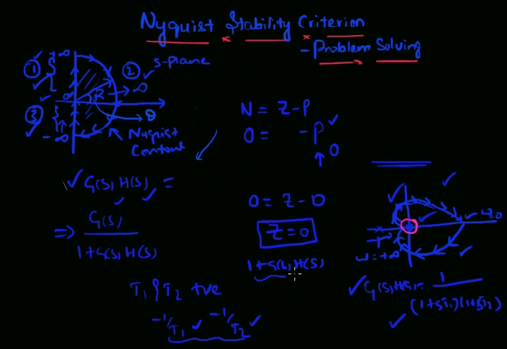If the number of zeros of this in the right half of the S-plane is 0, then the number of poles of g of s by 1 plus g of s h of s will be 0. I mean the poles of this closed loop transfer function will be 0, which means the system is stable. So based on this, we can solve other problems. We'll see some real problems with real values in the coming videos.